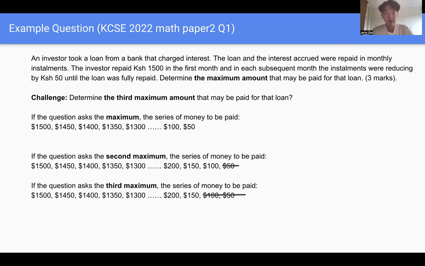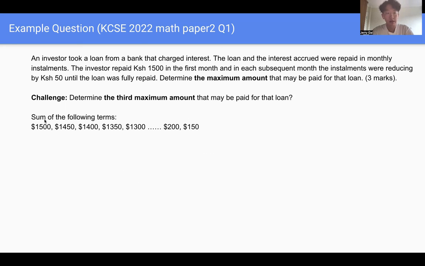But if the question is asking the second maximum, that means you don't need to pay the last number, which is 50, and then you pay off all the loan. Similarly, if the question is asking the third maximum, that means you don't need to pay the 150 and you can pay off the whole loan. So the third maximum is just the sum of the following terms.